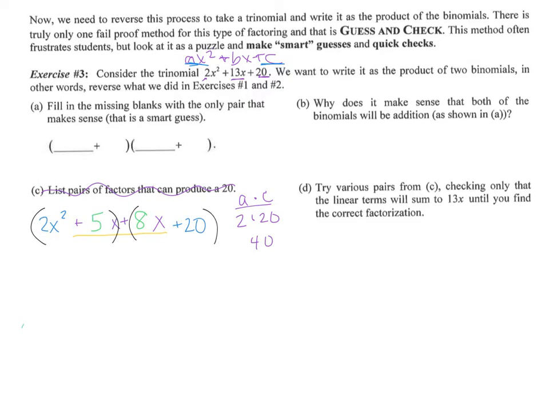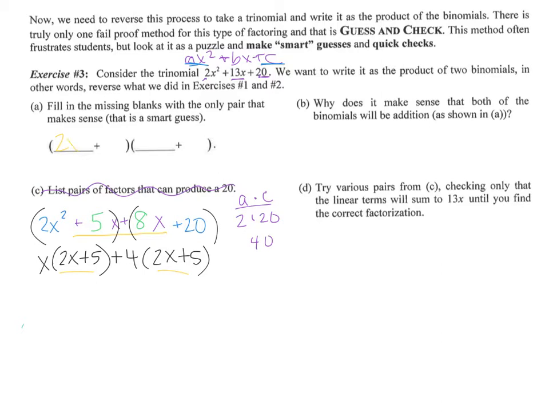The greatest common factor for 2x squared and 5x is just x, and I'm left with 2x plus 5. The greatest common factor for 8x and 20 is 4, and I'm left with 2x plus 5. We know that we've done this correctly because the two factors inside the parentheses are the same.